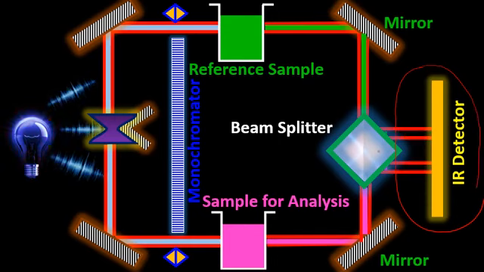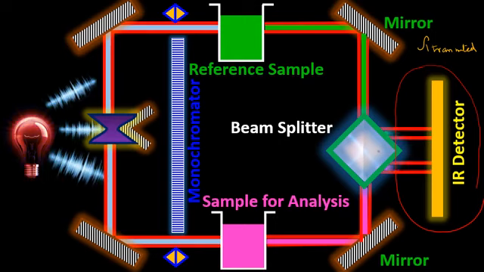The infrared radiation detector will detect the amount of light transmitted from the reference sample as well as the sample which is under analysis.